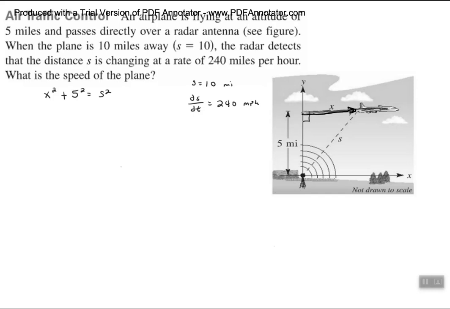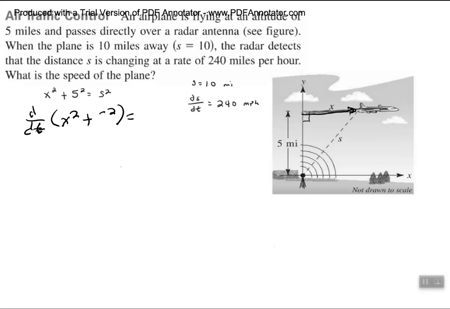So we'll use the Pythagorean theorem again, having x squared plus 5 squared equals s squared from the given diagram here. And let's find the derivative with respect to time of this equation. So let's see here.